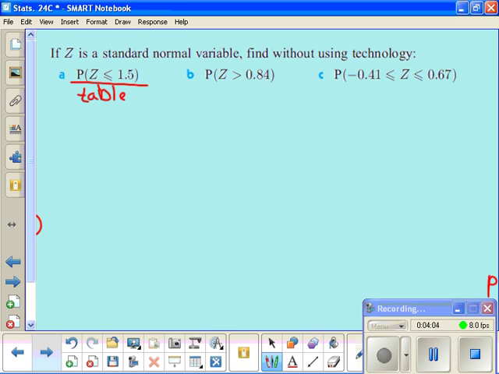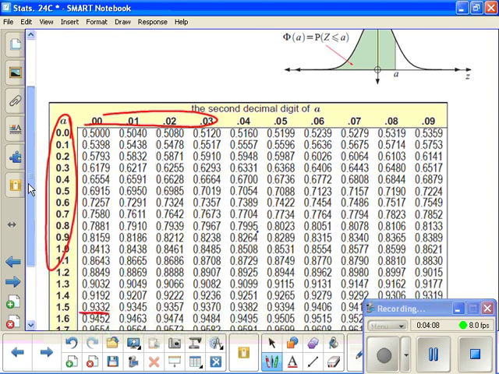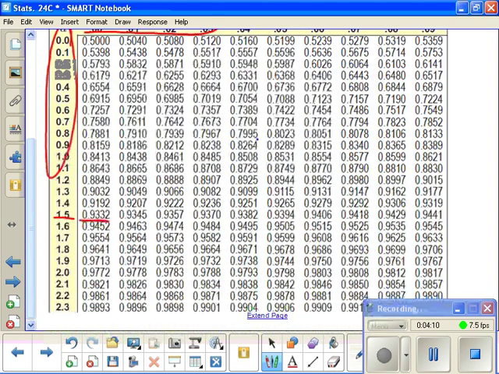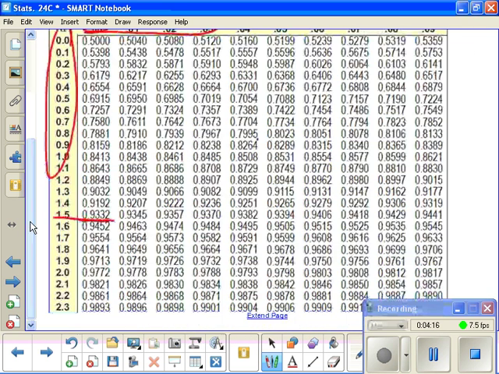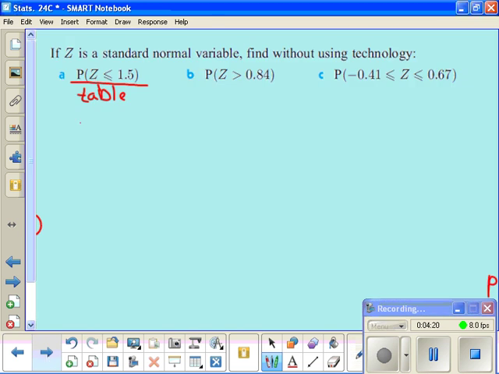So I go back to my table, 1.5. Here's 1.5. There's the probability because the second digit is 0. So this answer is 0.9332, whatever.